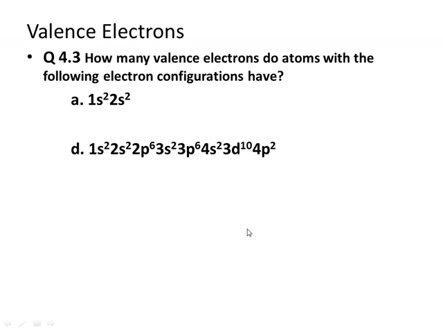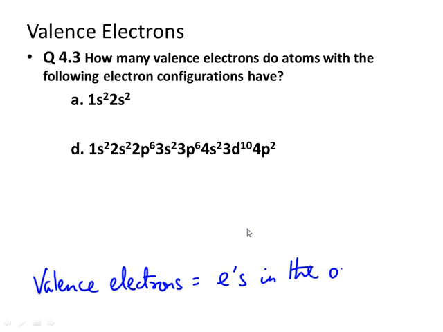So, if you remember, valence electrons are defined as all the electrons that are in the valence shell. The valence shell is the outermost shell.